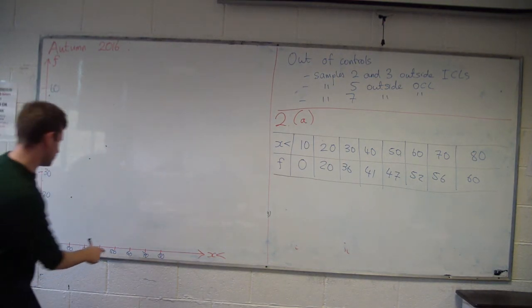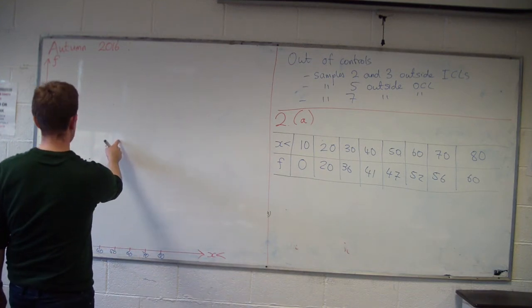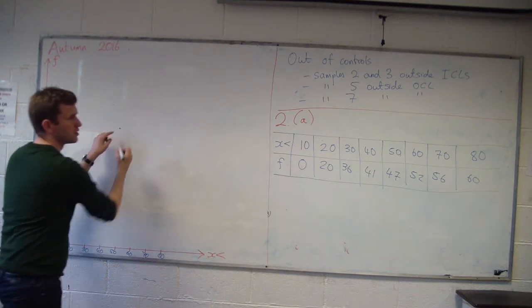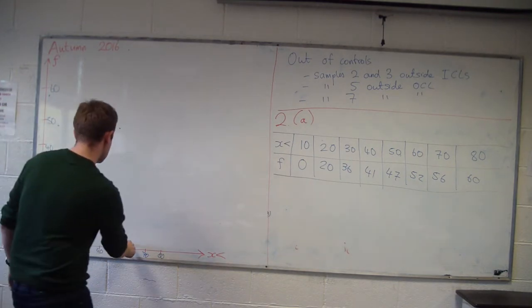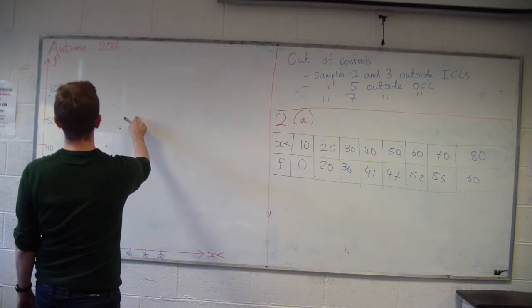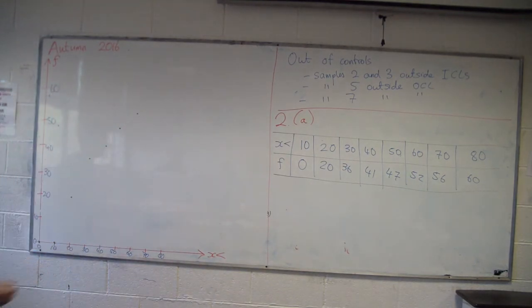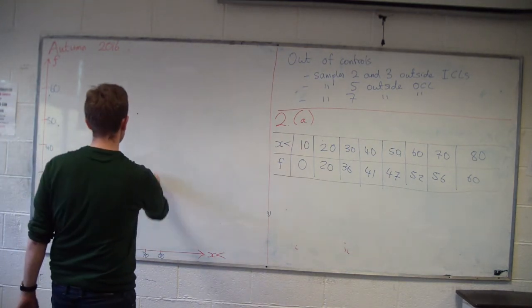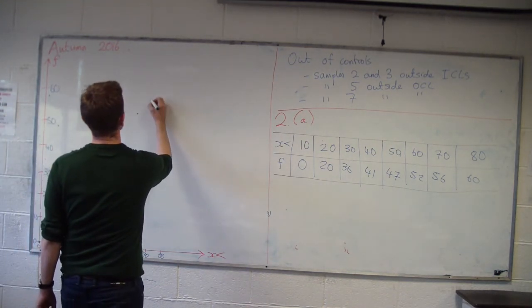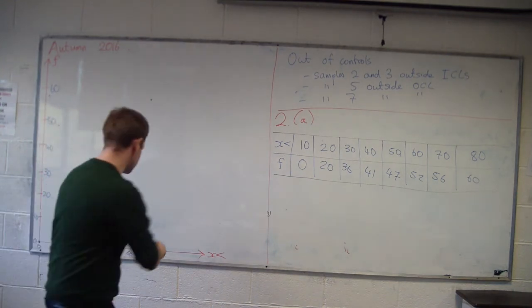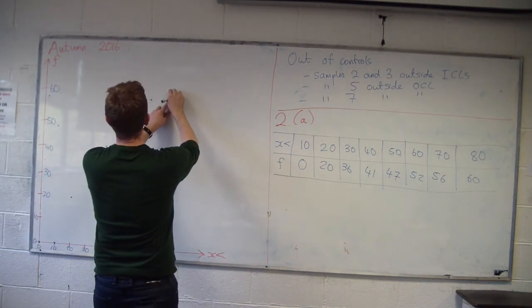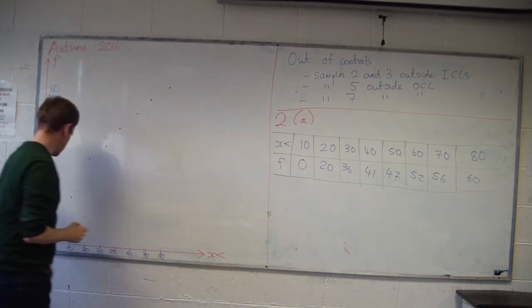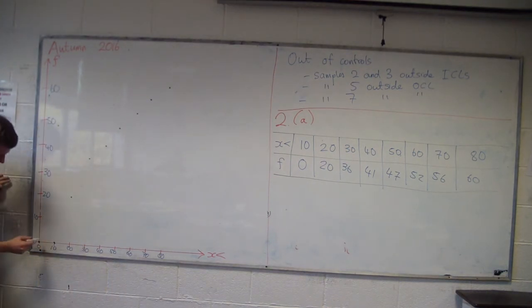And less than 50, 47. And less than 60, 52. And less than 70, 56. And then all of them less than 80. You should try and put a bit of curve in this.